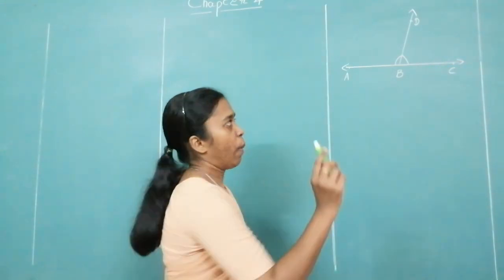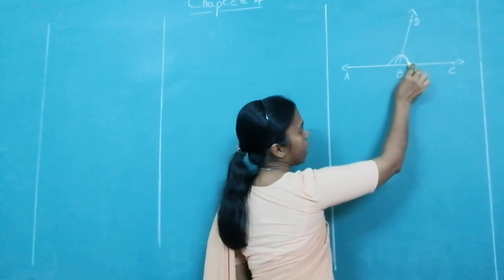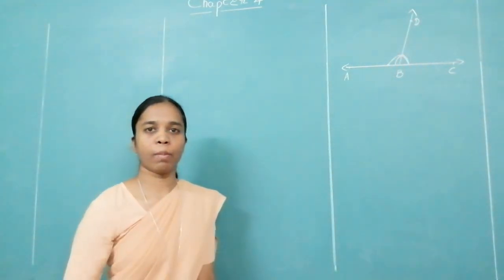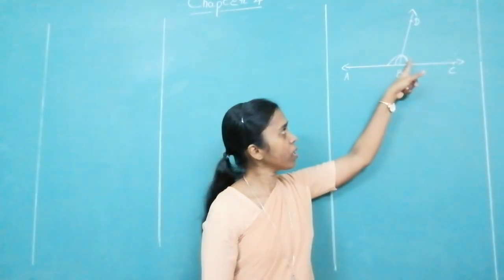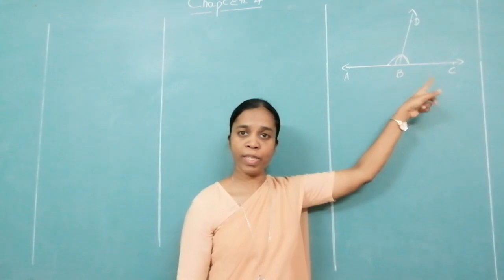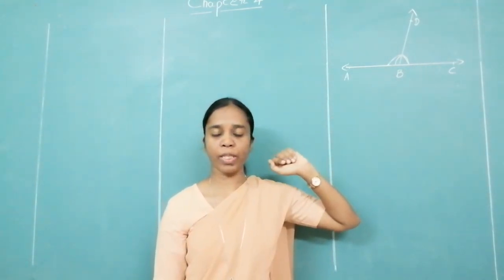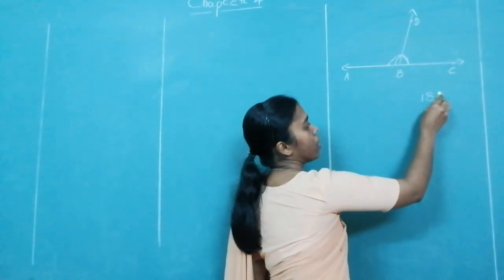Now, suppose I ask you to check the measure of this entire angle, how much will that be? By looking at it, what do you feel? This is a straight line. This is half of a circle. You can check with your protractor. It will be half of a circle, which means you will be getting 180 degrees.